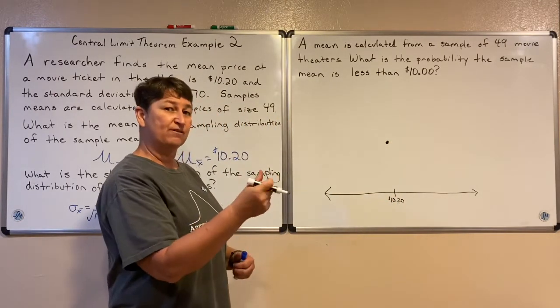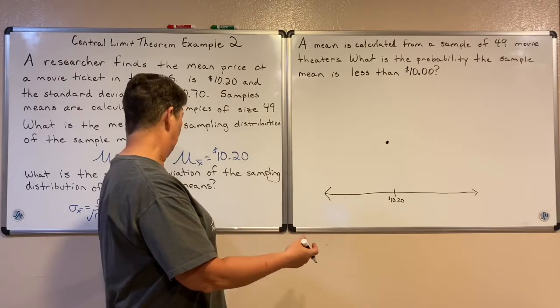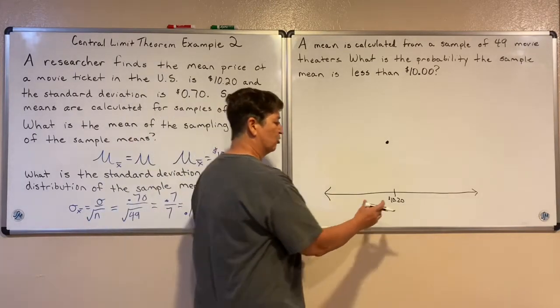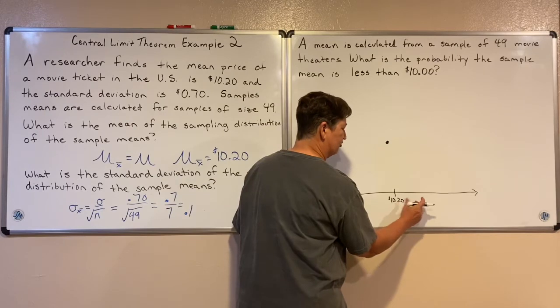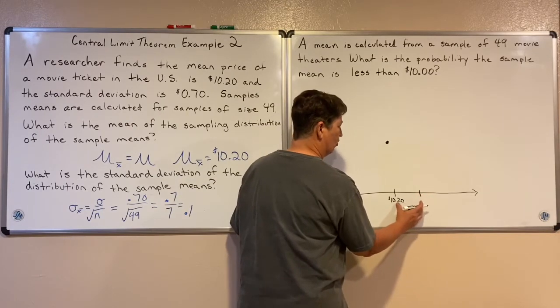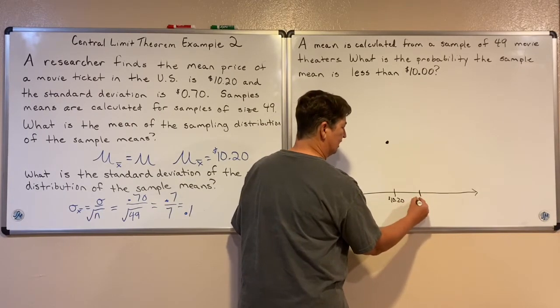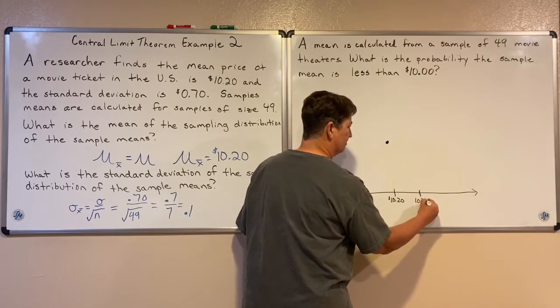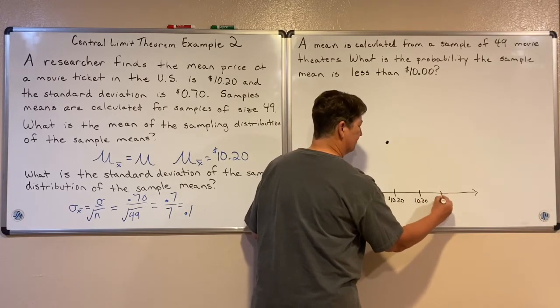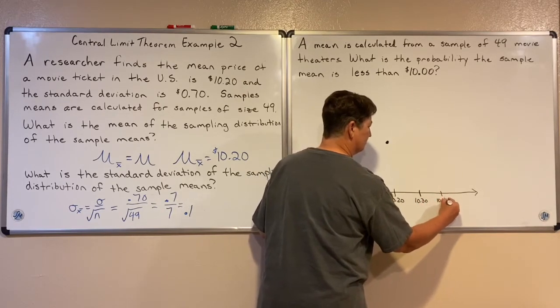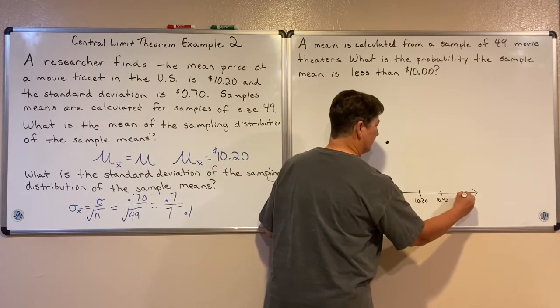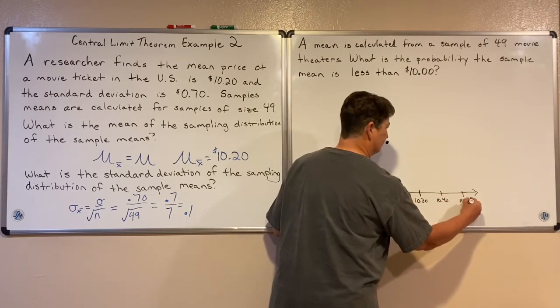Then the standard deviation is 10 cents or 1/10. So we're just going to count by that standard deviation. I go up one standard deviation and I'm at $10.30. Count another standard deviation, I'm at $10.40. Another, and I'm at $10.50.